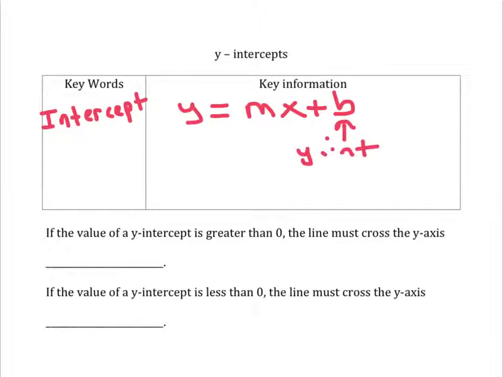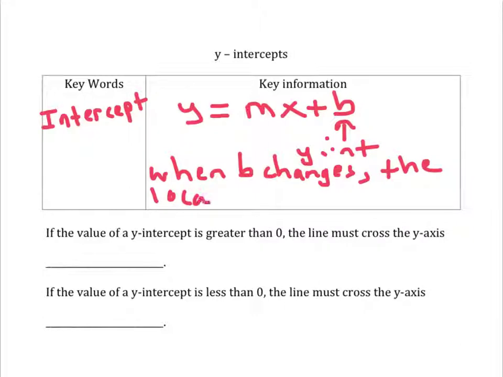And when that changes, so when b changes, the location of the y-intercept changes.